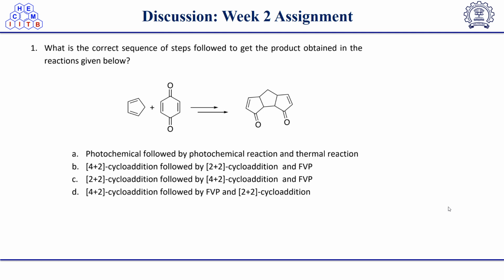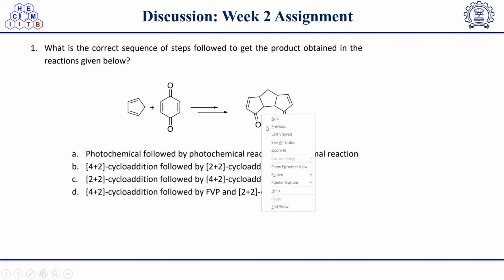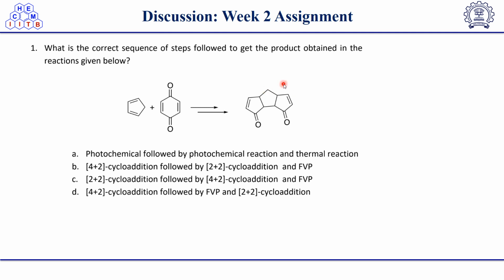So we may start our discussion on the week 2 assignment. The first question was, what is the correct sequence of steps followed to get the product obtained in the reaction given below? This is the reaction between cyclopentadiene and a benzoquinone, which in a couple of steps is shown to give this compound. So what is the correct sequence?